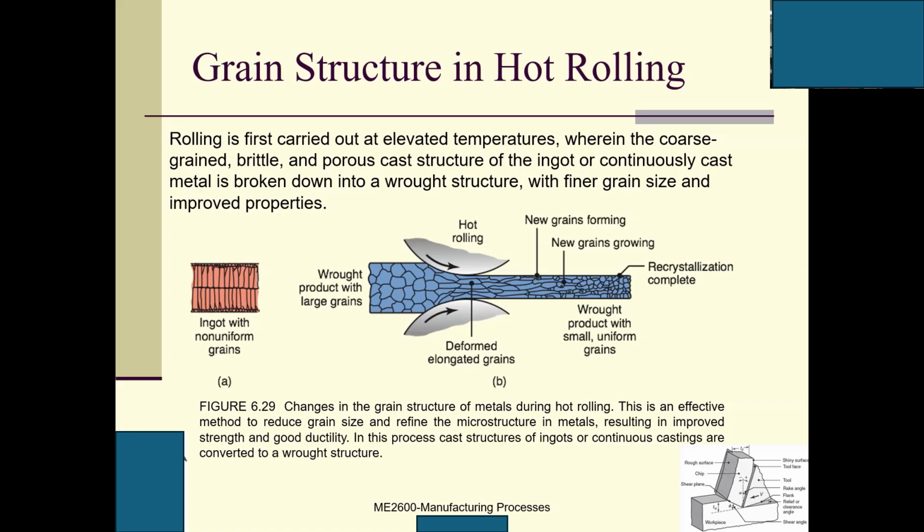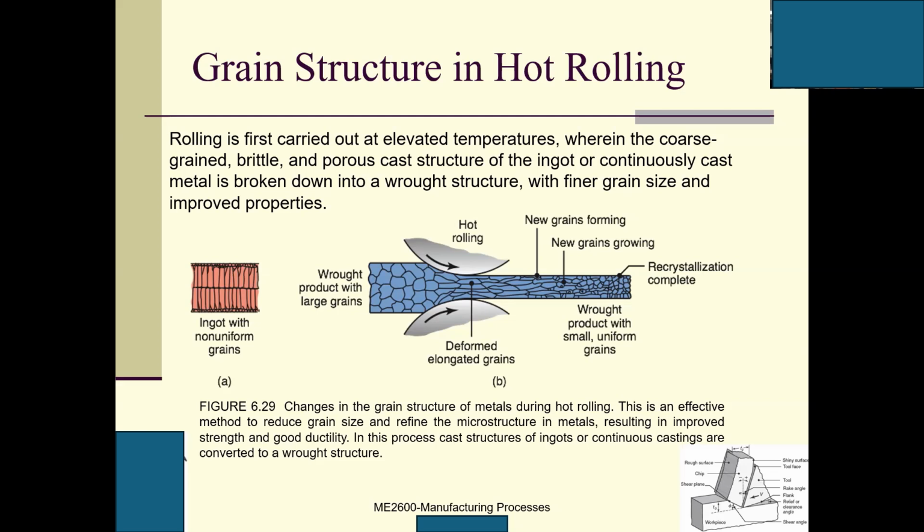This is the original grain size. We can call these equiaxed grains. But after we compress it, you can see the dimension in the y direction is reduced substantially. So all these grains are not equiaxed anymore. Here are elongated grains.